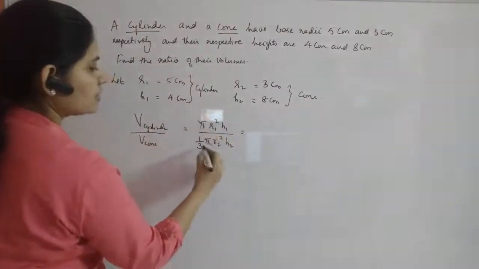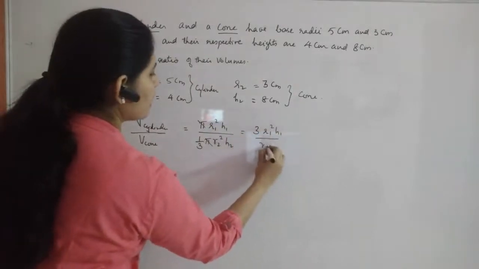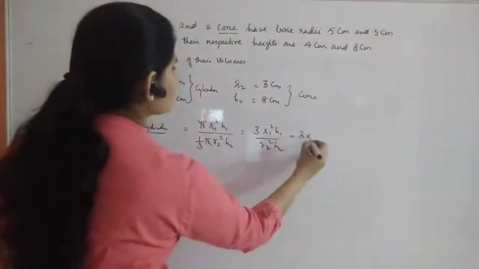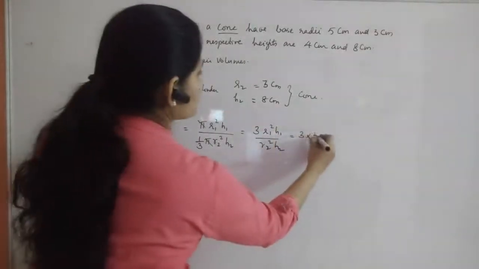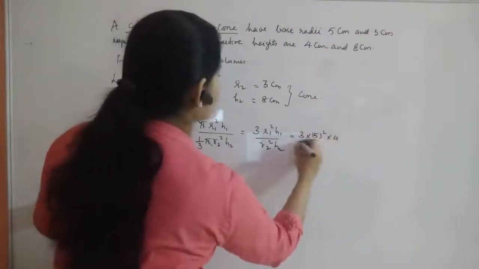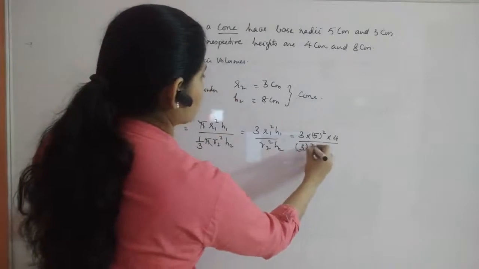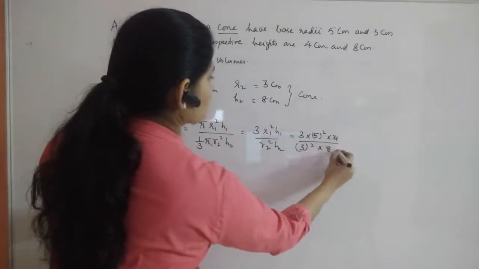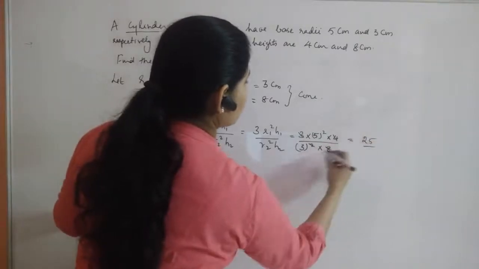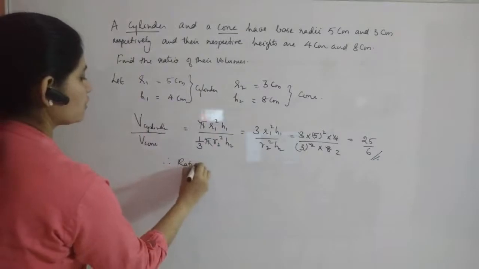This will get cancelled, 3 will come up, so it is 3 r1 square h1 by r2 square h2. Replacing the values, 3 into what is r1 square? 5 square into h1 is 4 divided by 3 square into 8. So after simplification you will get it to be 25 by 6. That means therefore the ratio of their volumes is 25 is to 6.